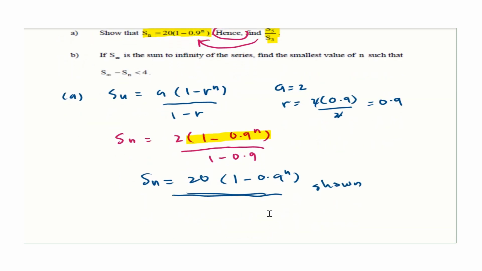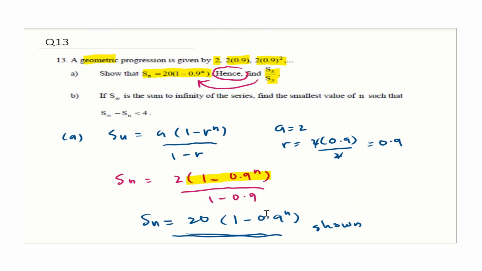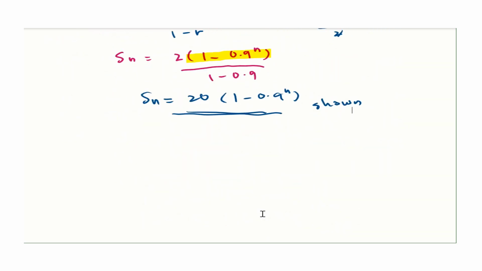Okay, then hence find S5 over S3. So we want to find S5 divided by S3. So we have to find S5 and S3 by using our formula Sn that we have shown. Now we are going to find S5 by using our Sn here. So 20 multiplied by 1 minus 0.9 to the power 5.